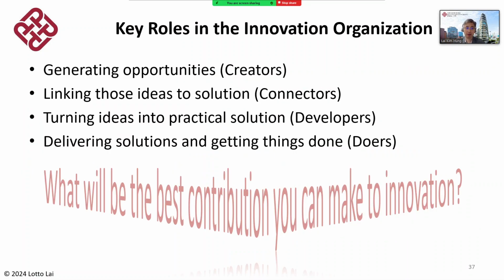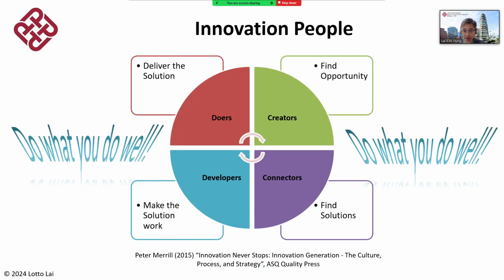We propose there are four key roles in the innovation organization: creator, connector, developer, and doer. From this diagram, the creator is finding opportunity, the connector is finding solutions, the developer is making the solution work, and the doer is delivering the solution.